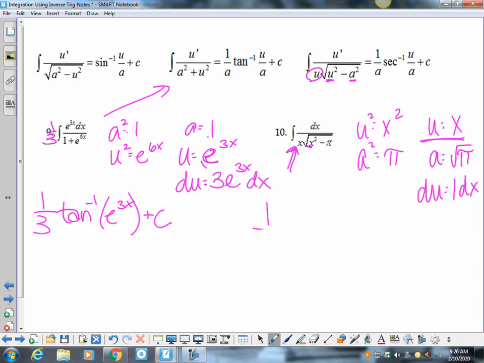So I'm following my formula. 1 over root pi. Secant inverse of x over root pi.